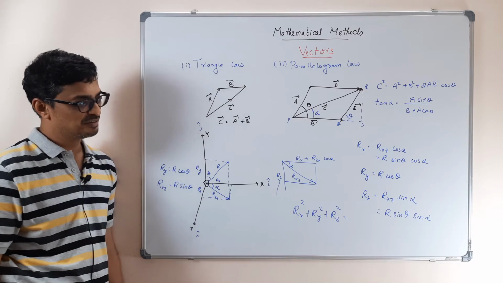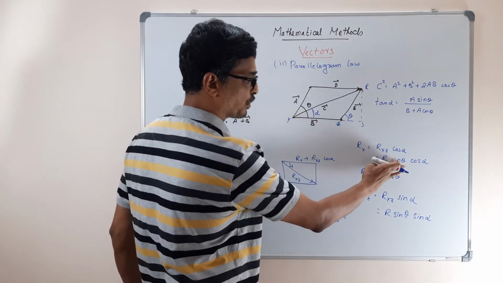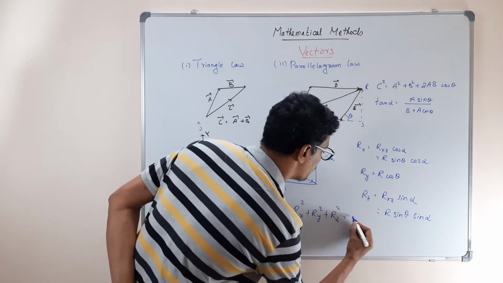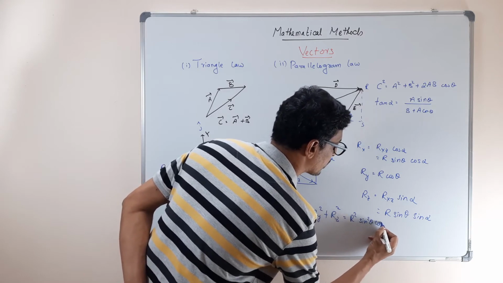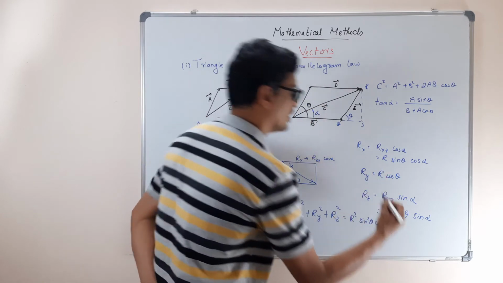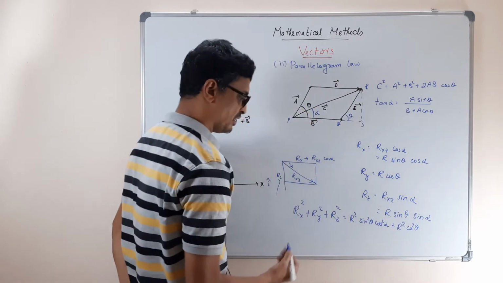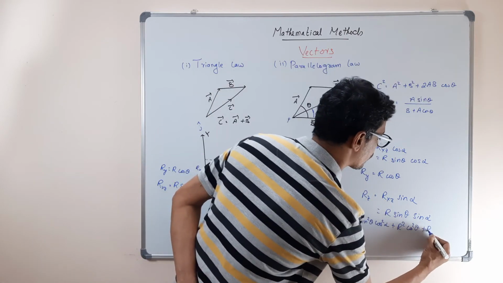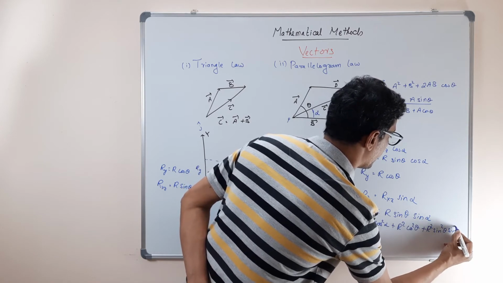Rx square is R square sin square theta cos square alpha, plus Ry square, which is R square cos square theta, plus Rz square, which is R square sin square theta sin square alpha.